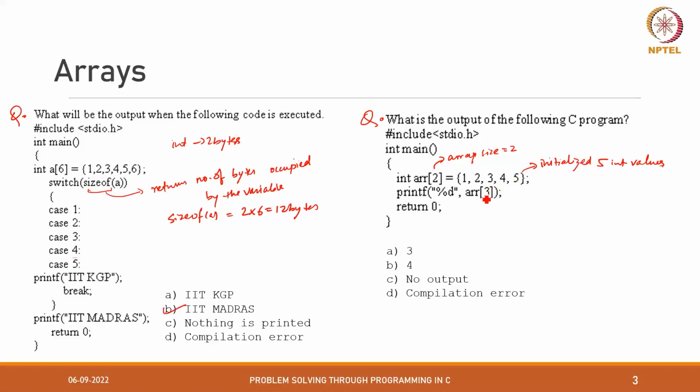So this statement itself is problematic. It will throw a compilation error here. What if I had written ARR with blank braces and 1, 2, 3, 4, 5? What if I had written this instead of 3?